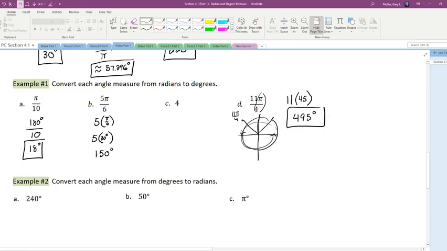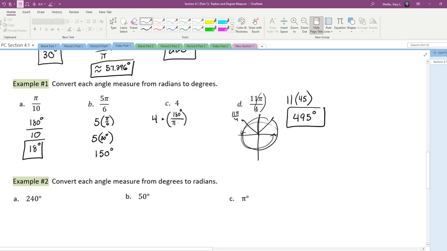All right, but on part C, none of those methods are really going to help me get the answer. So I'm going to fall back on just using my conversion. So 4 radians multiplied by the number 1, but the number 1 in the form of 180 degrees over pi radians.